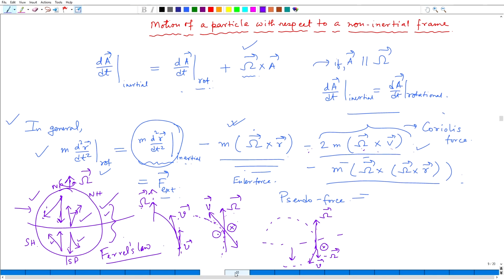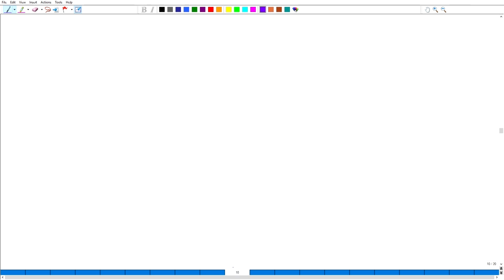Okay. Now, we can do something much more sophisticated. Last time we said how to relate two frames of reference, one is inertial, another is rotating, but sharing the same origin. Now, let us say I have a new case where I have two frames of reference. The first one is of course x, y, z and still inertial.